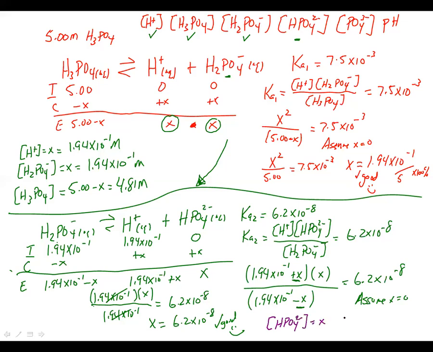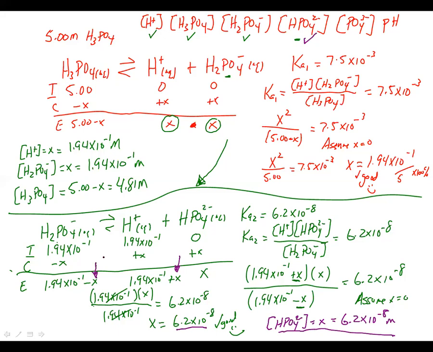That means it equals 6.2 times 10 to the minus 8 molar in this case. So from this table, we're now able to get the concentration of this guy. Now, what happens when I put this number here, 6.2 times 10 to the minus 8, back into both of these locations here?